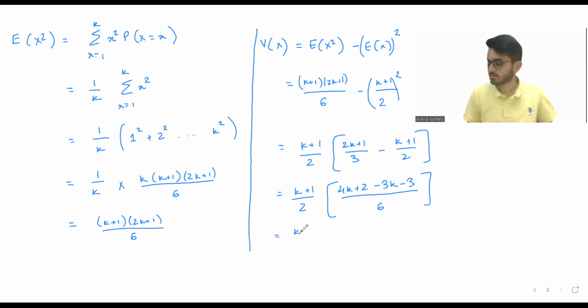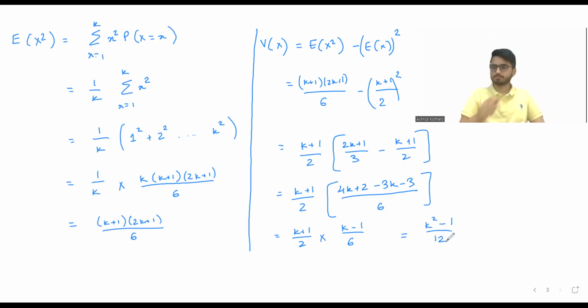On simplifying, this will come out to be (k plus 1) by 2 into (k minus 1) by 6, which can be written as (k square minus 1) by 12. So there we get the result.